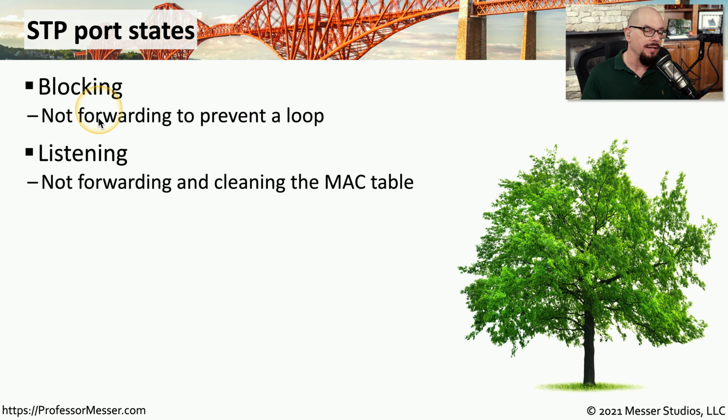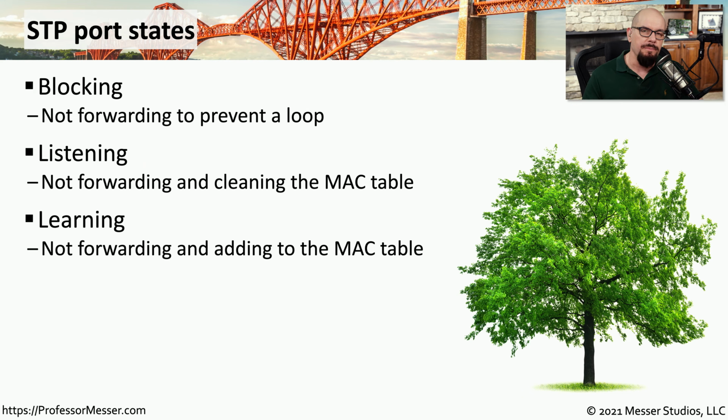To be able to make that determination of whether it should block or not block the traffic, it needs to listen for a certain amount of time to be able to know what devices and switches may already be on the network. The process of building its own internal topology so that it understands whether a loop may be occurring or not is called the learning port state.